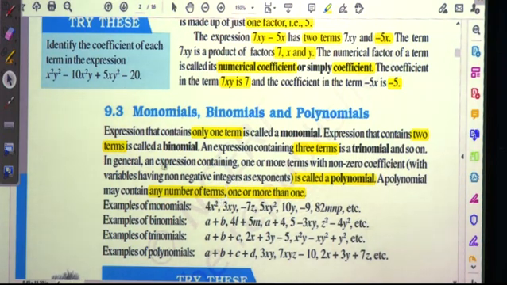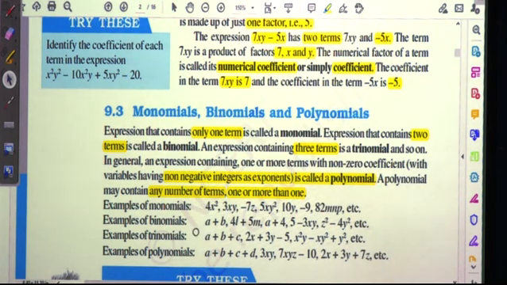Now, here some examples are given to us. Examples of monomials: 4x square. One more important thing mentioned here in the bracket: with variables having non-negative integers as exponents. What does that mean?